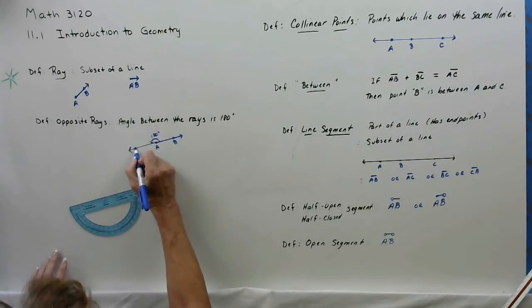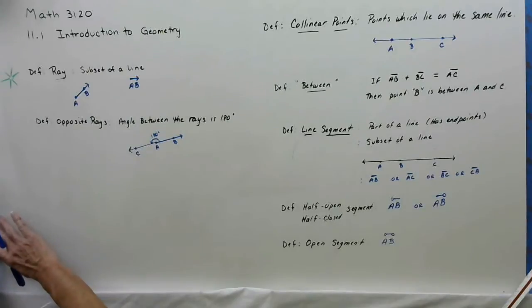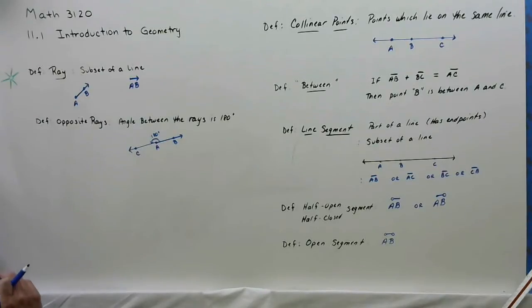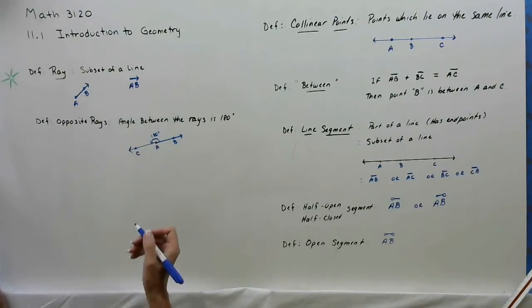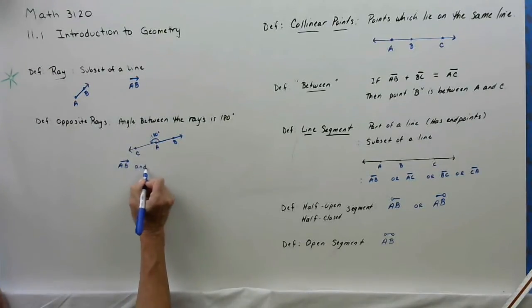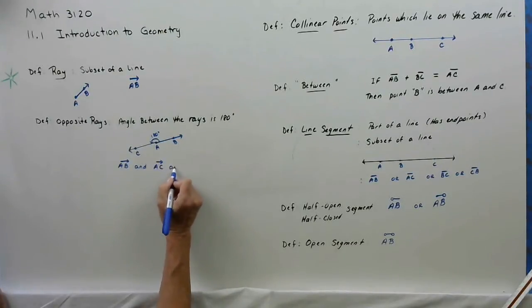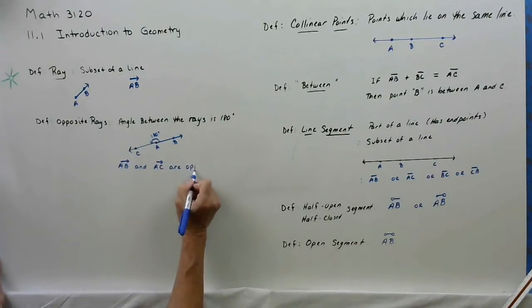And so now I'm going to have it pass through another point, C. Okay. So that's what we mean by an opposite ray. So I would say ray AB, and starting with A again, are opposites.